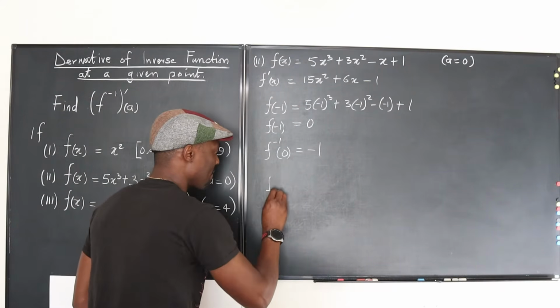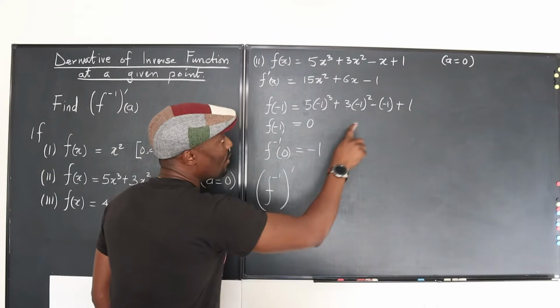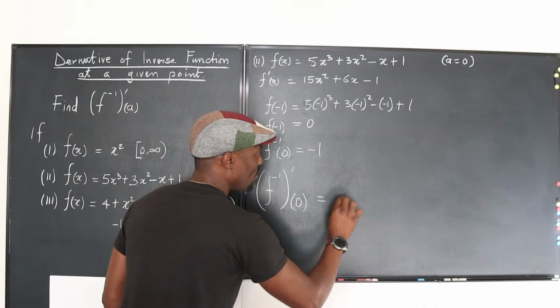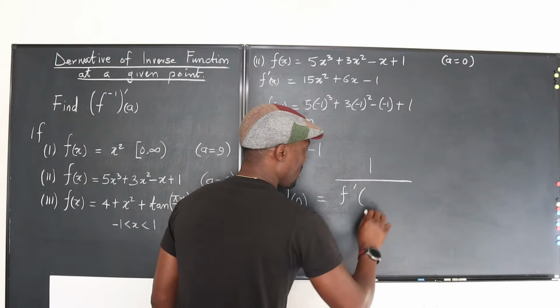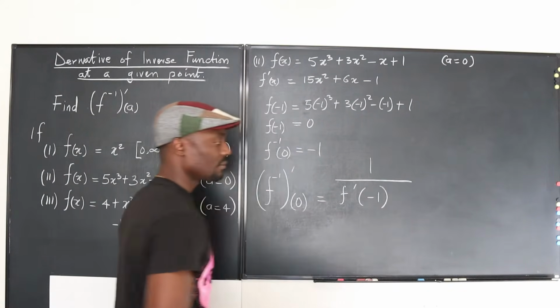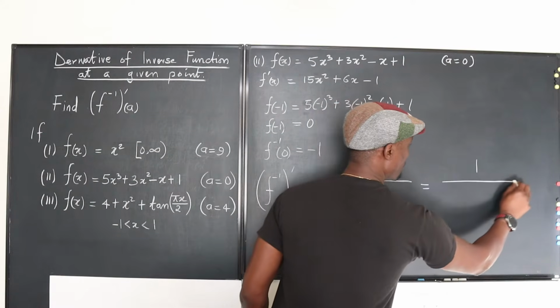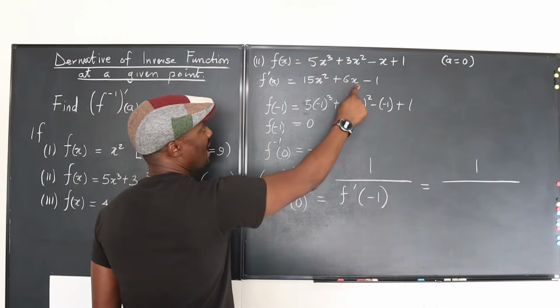So this is it. F inverse, the derivative at the point, what's the point? At the point 0, will be equal to 1 over f prime of, what would be the value of this? Negative 1. Which is the same thing as 1 over, what is the derivative of f? It's 15x squared plus 6x minus 1.